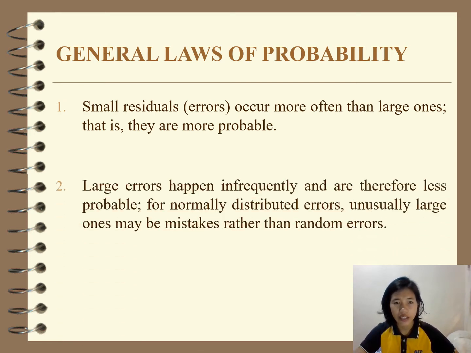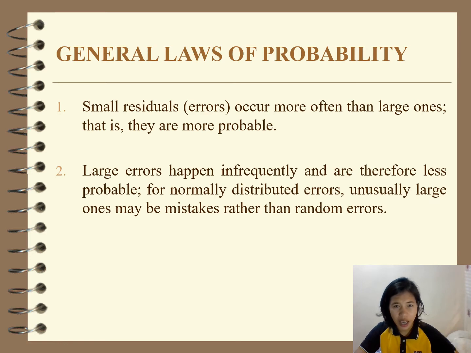And number 2, large errors happen infrequently. So, hindi masyadong nag-a-appear yung ating mga large error or yung tinatawag natin yung mistakes. And therefore, less probable siya, less yung probability niya.